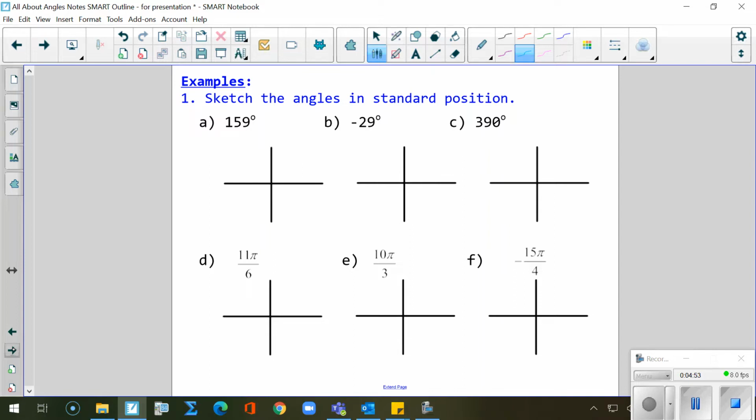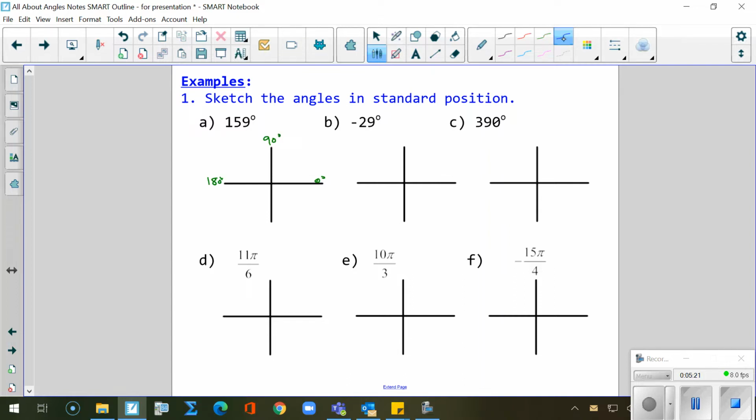We're going to sketch some angles in standard position. Degrees are easier to work with because they're in a language we're more familiar with. What I would always suggest is maybe starting out by labeling your basic measurements. I know that's 0, I know that's 180, I know that this is 90. 159 is between 90 and 180.